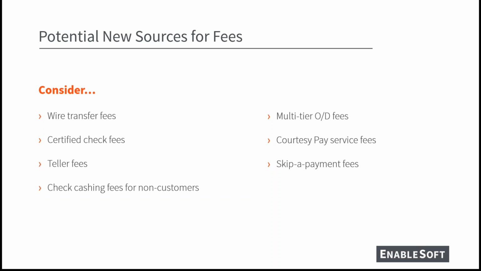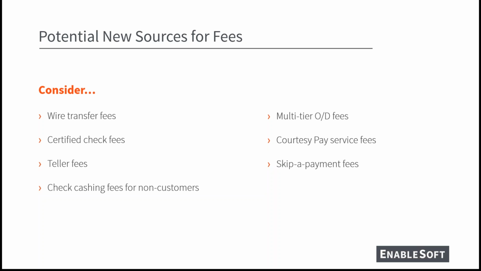Courtesy pay service fees, so for customers that have not, let's say, linked a savings account and checking account as their sweep account for their overdraft service, consider a courtesy pay service whereby you cover those charges for them, and then of course charge them a not insignificant service fee for that.